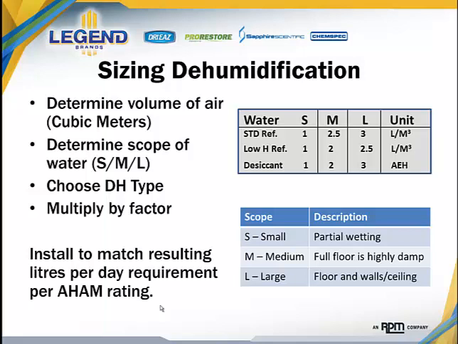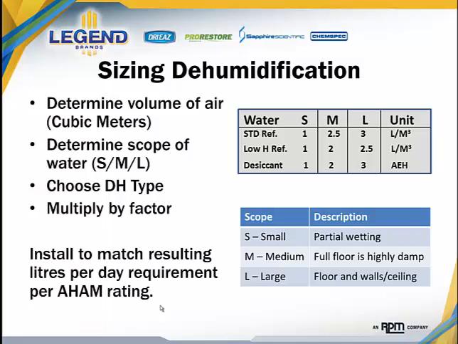Once we've determined the scope, we then need to choose the appropriate dehumidification type. Choosing the dehumidifier type is reliant upon a number of factors that we're going to cover in a later webinar. However, for a brief overview, generally speaking, we're going to use low humidity refrigerants or desiccant dehumidifiers as a best choice in most projects, and standard refrigerant dehumidifiers ultimately when that's the choice we have available based on our equipment resources that we have available to the project.